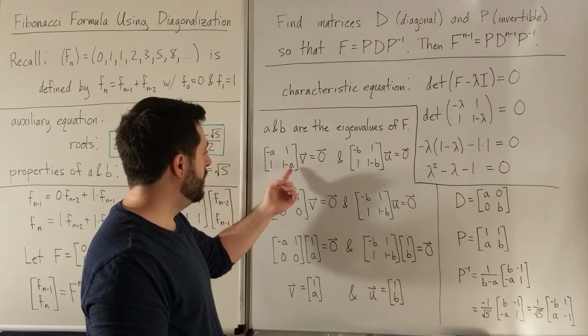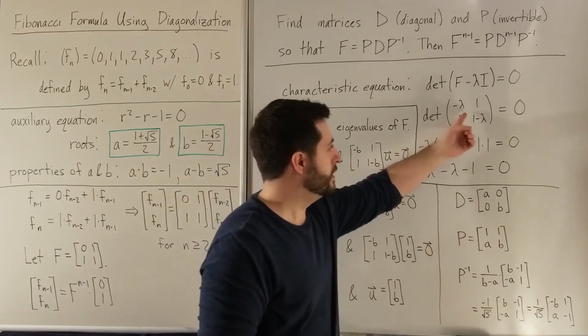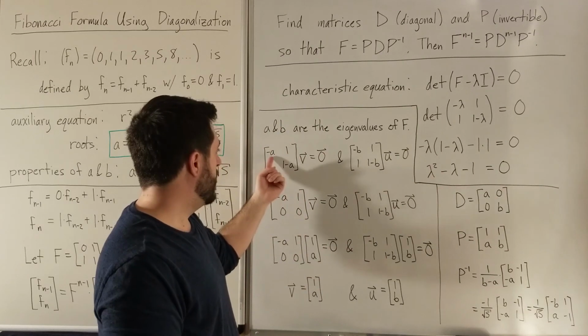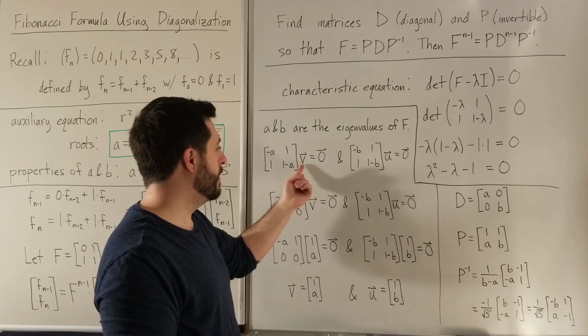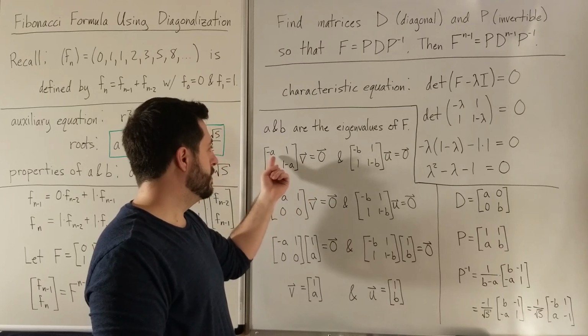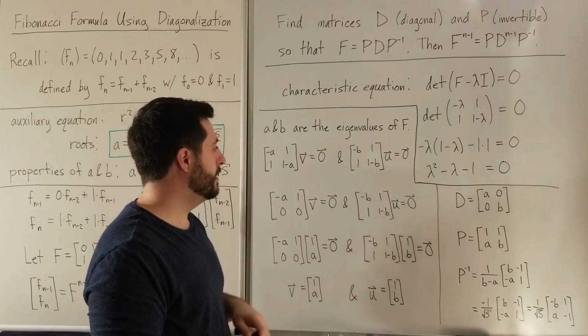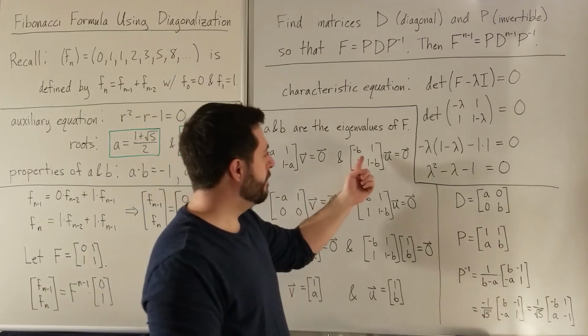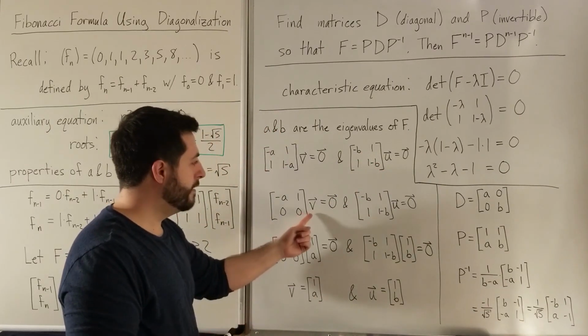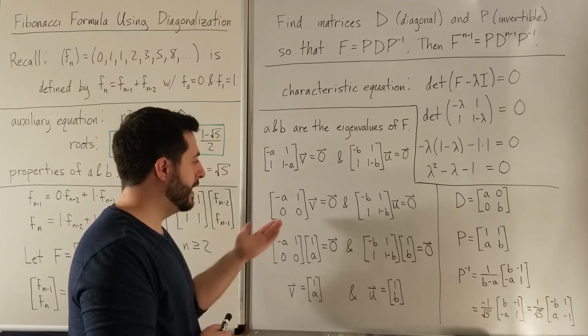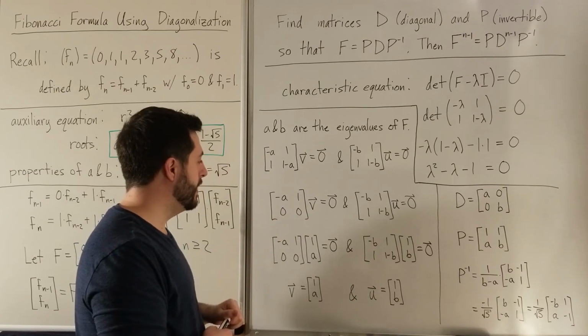So I have a plugged in for lambda here into this matrix, and I'm applying it to a vector, and I'm getting 0. So I want to find a non-zero vector v, so that this applied to v is going to be equal to 0. And same thing for b over here. Okay, so I'm trying to find a u and a v so that I get these two equations satisfied.